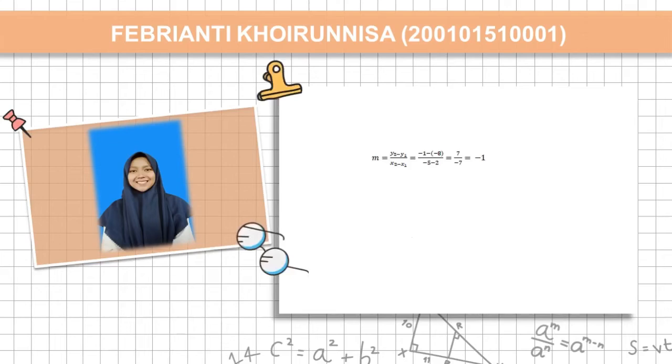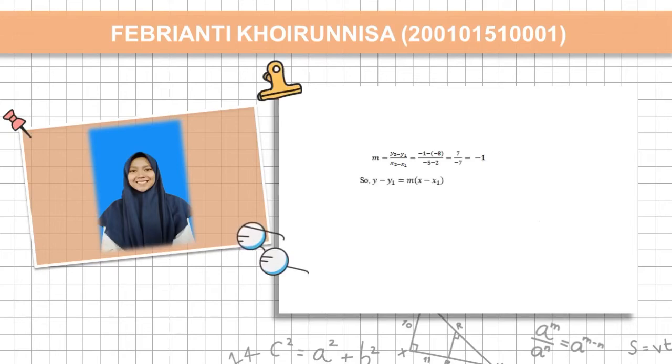Then we substitute into the formula and get -1 minus -8 over -5 minus 2. After that, we get the result 7 over -7, which equals -1.